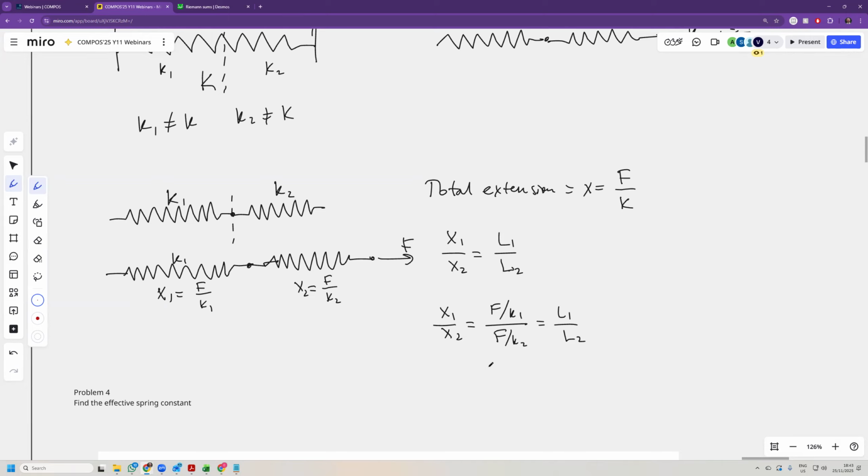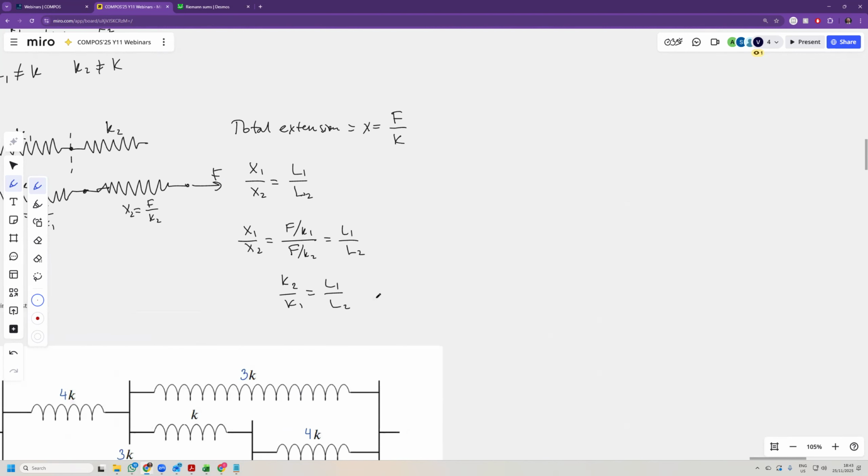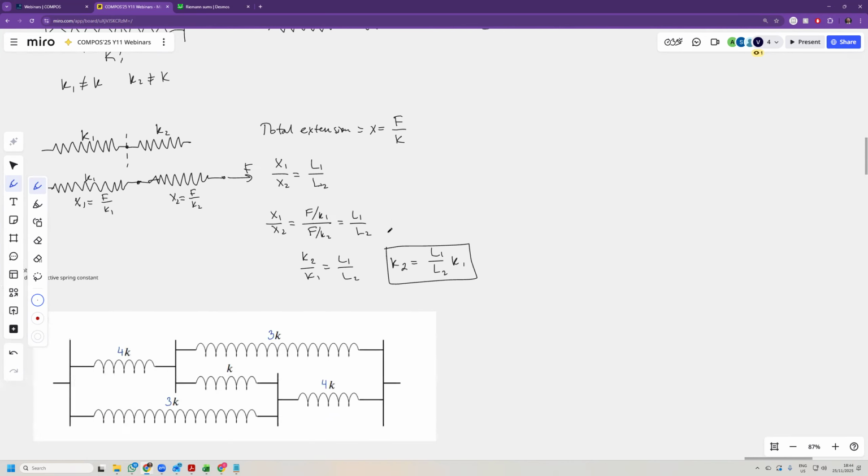And that means that K2 over K1 is equal to L1 over L2. In other words, K2 is L1 over L2 times K1. And we're going to use that.